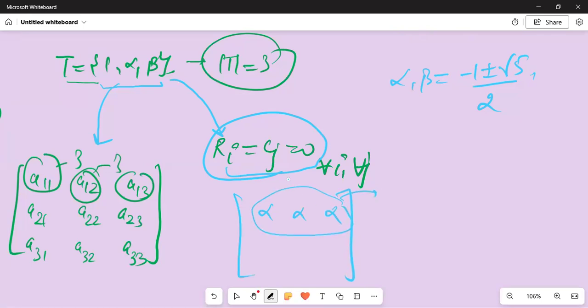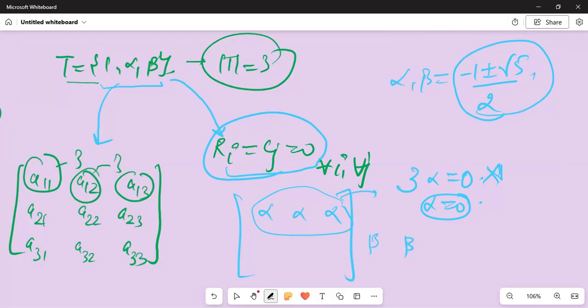According to the condition, the sum should be 0. So that means 3 alpha equals 0. This is not possible because this means that alpha needs to be 0, and this is not the case. Alpha is either minus 1 plus root 5 by 2 or minus 1 minus root 5 by 2. In both cases, alpha is not 0. Similarly, I can't keep the first row having the elements as beta, beta, beta. I can't keep this in any row or any column because ultimately I'll be getting beta as 0.